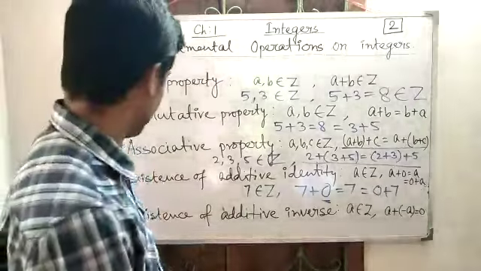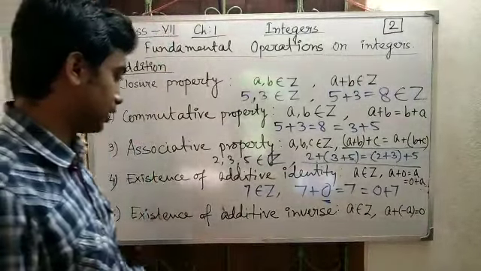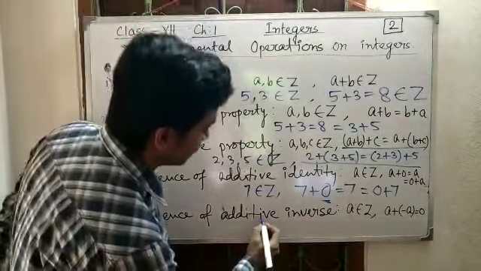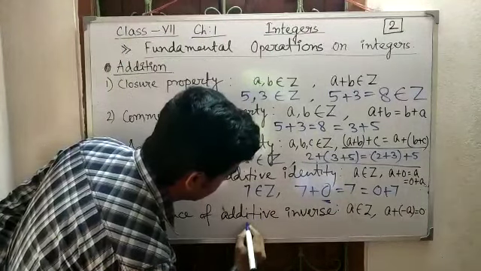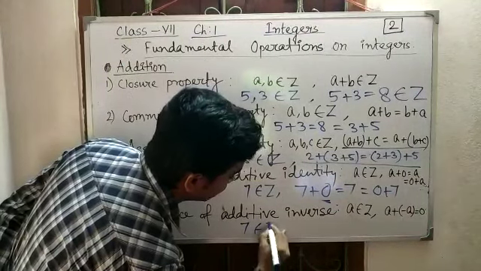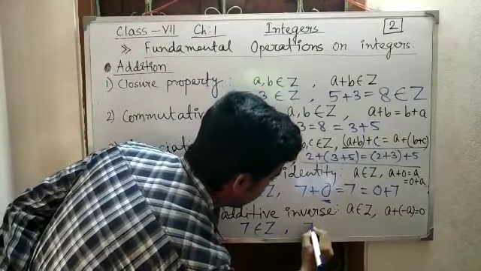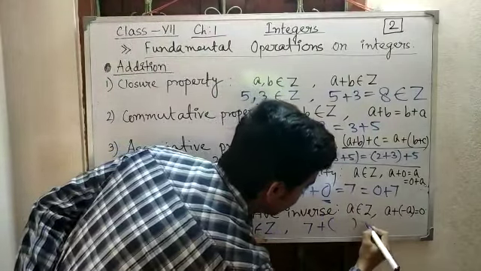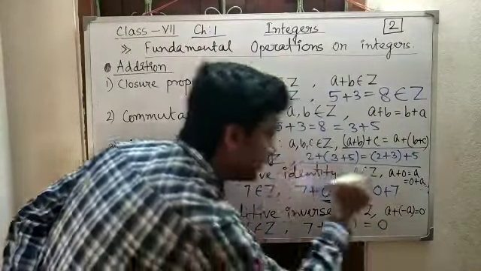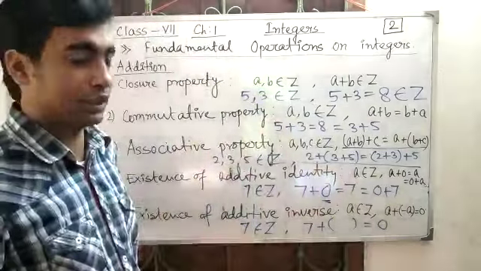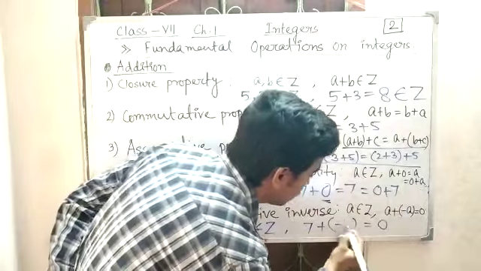Okay. Then comes the existence of inverse. Suppose you are taking any element 7 belonging to Z, that is integer. So 7 plus which number will give us 0, that means the identity element with respect to addition? It will be minus 7.